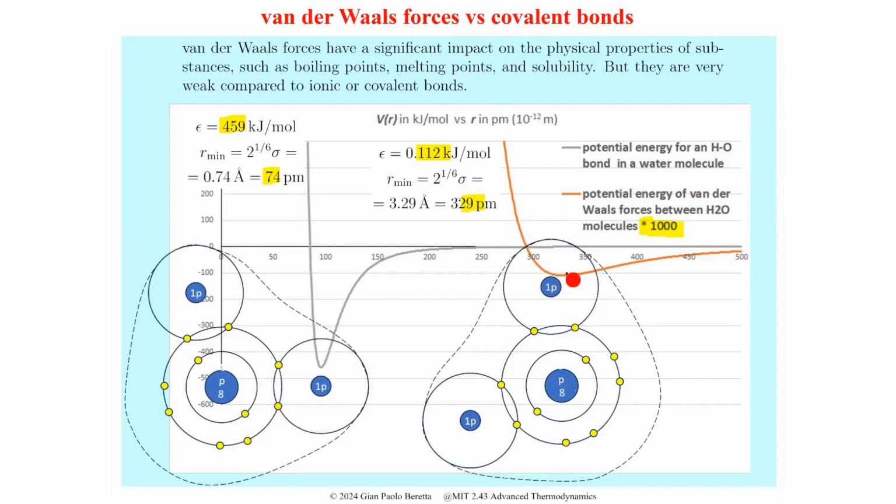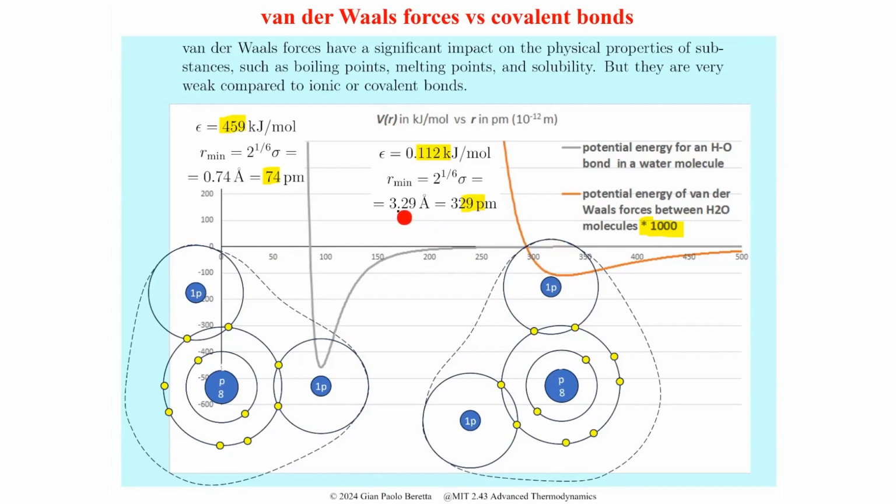And also, the minimum here for the van der Waals forces, the attraction between molecules, which are also of electrostatic nature but from a different source, has much larger characteristic distances.